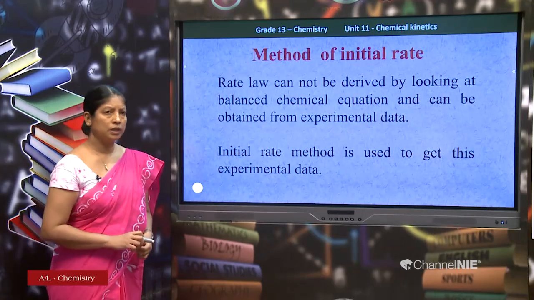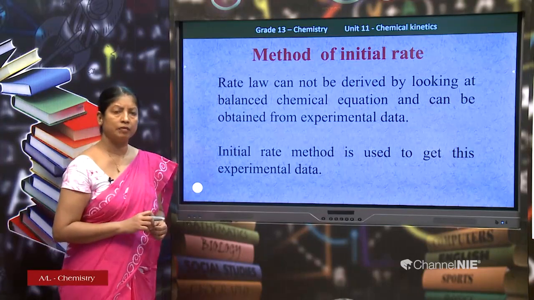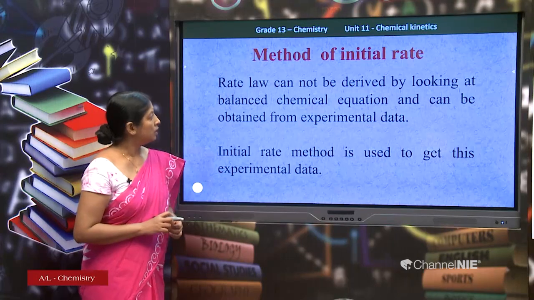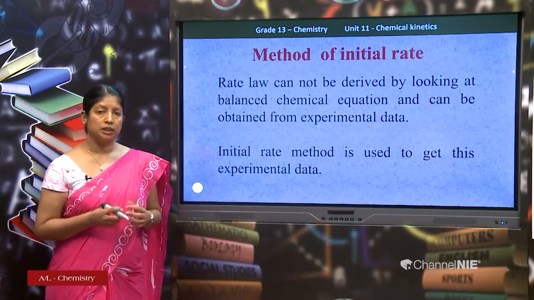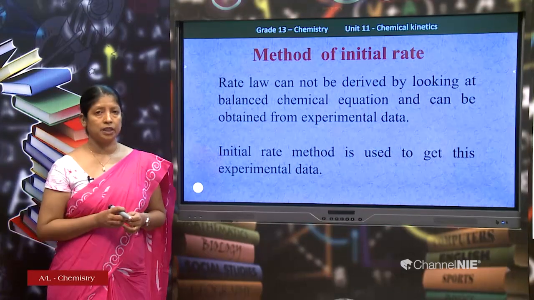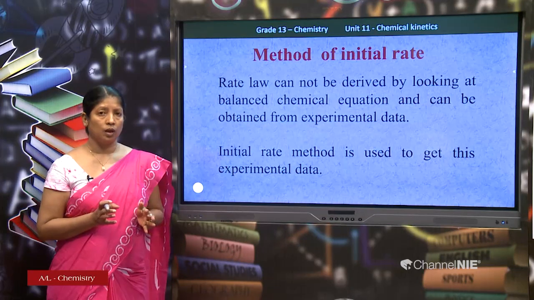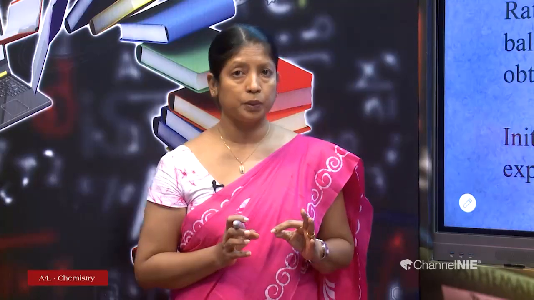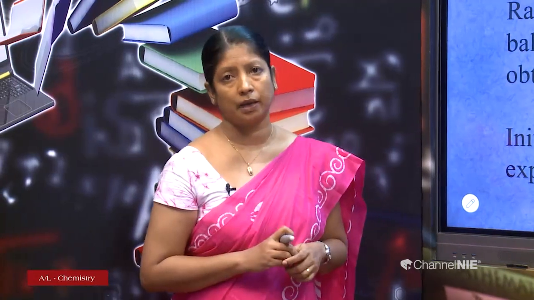Now, let us see the method of initial rate. In most experimental data, we use the initial rate to determine the rate law. If you consider a balanced equation, just by looking at it we can't predict the exact rate law, because the rate constant as well as the order with respect to each reactant has to be calculated from experimental data.